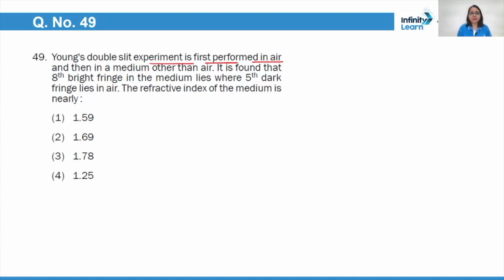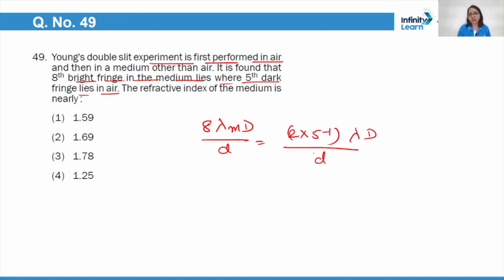It is performed in air and then in a medium. It is found that the eighth bright fringe in the medium lies where the fifth dark fringe lies in air. The refractive index of the medium is nearly? So 8 into lambda medium D upon d should be equal to (2 into 5 minus 1) into lambda air D upon d, right?